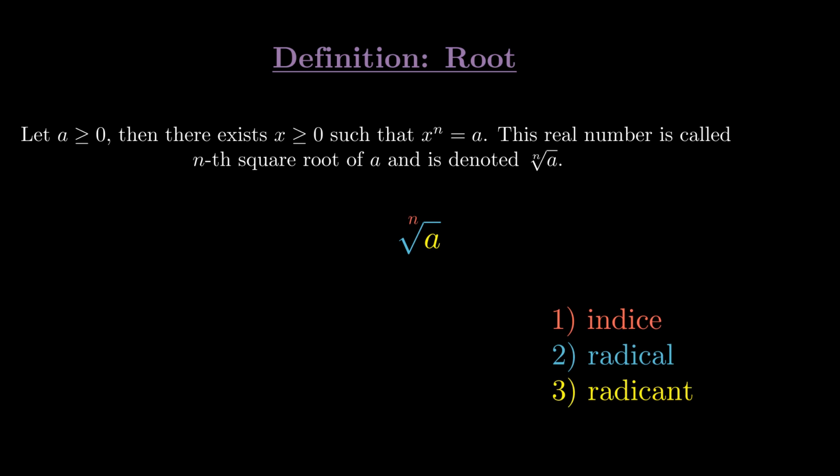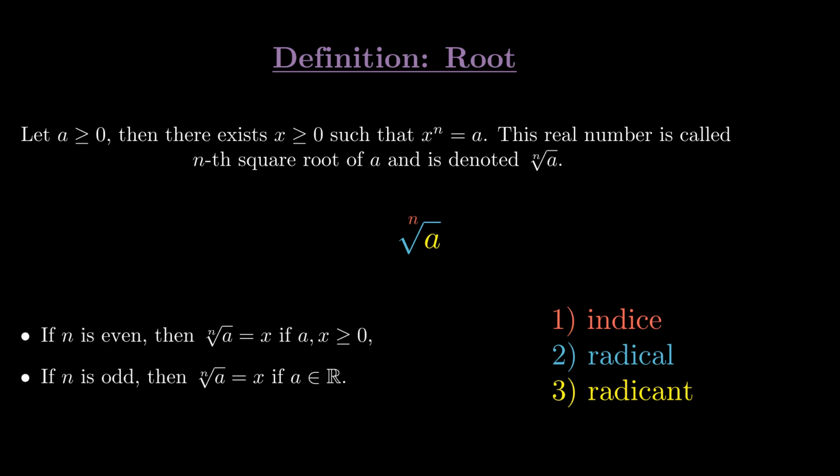What is interesting in our case is n, because it can be either odd or even. So let's analyze this case. If n is even, then the nth root of a is equal to x if a and x are greater or equal to 0, so you have to have some condition. But for the other case, if n is odd, then the nth root of a is equal to x if a is a real number.